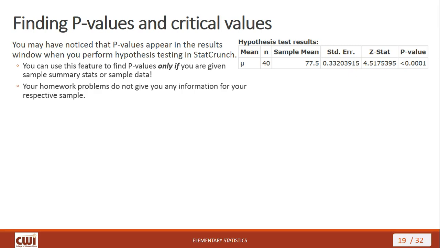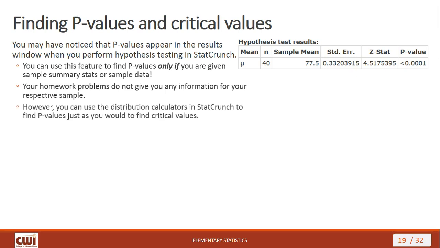Now, some of your homework problems do not give you any information for your respective sample, which means you have to use the correct distribution calculator to get the p-value to come out. That's not really a problem. You just have to understand which distribution to use in which situation. Again, this follows the same logic that we had in Chapter 7 for constructing confidence intervals.